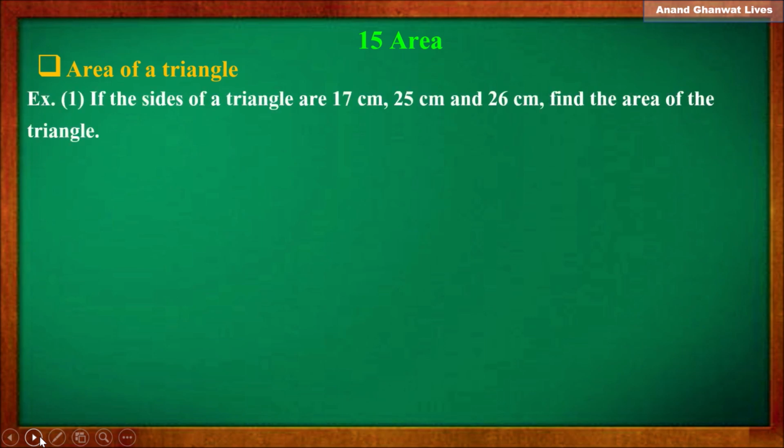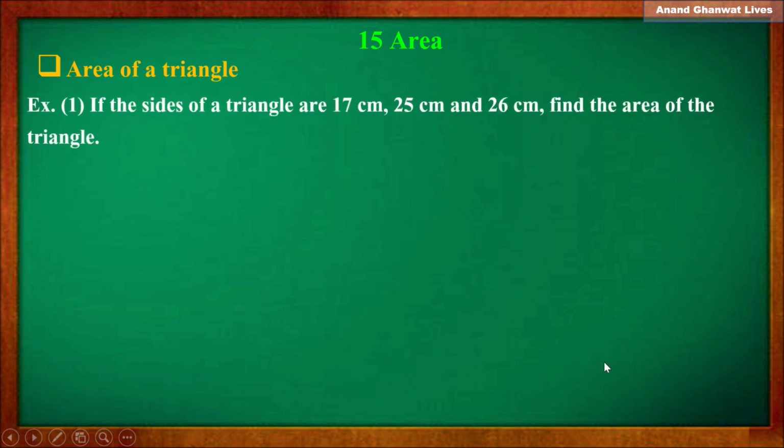Now let us solve some examples based on Heron's formula and formula for area of a triangle. First example, if the sides of a triangle are 17 centimeters, 25 centimeters and 26 centimeters, find the area of the triangle. So which formula is useful here? Right, Heron's formula. So for Heron's formula, we want semi perimeter.